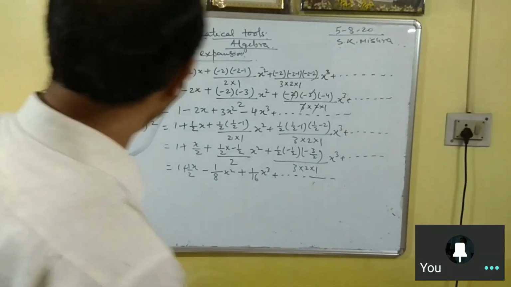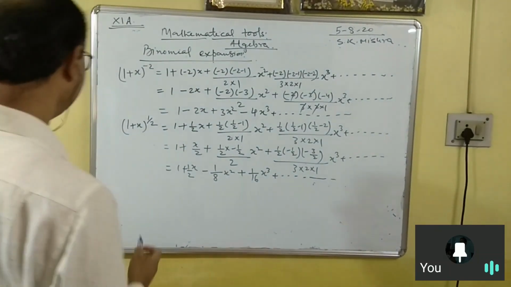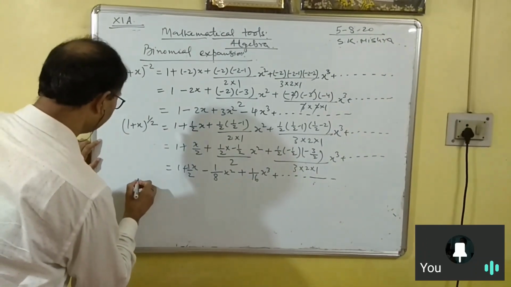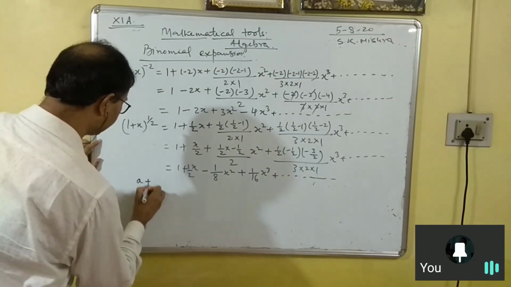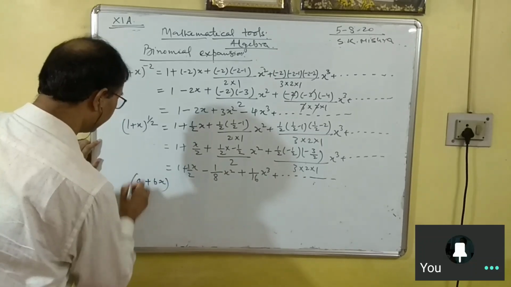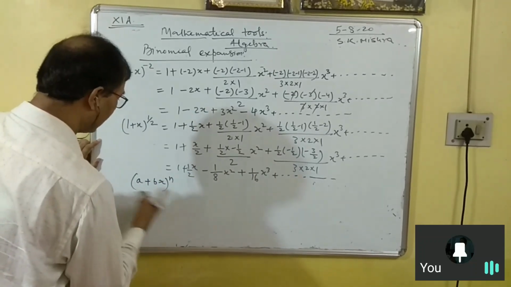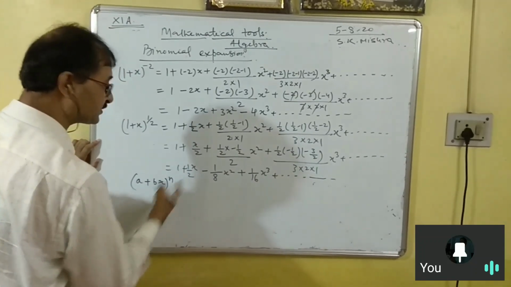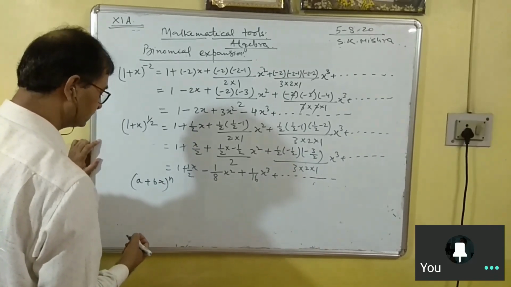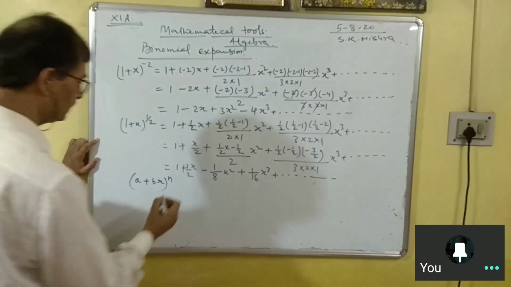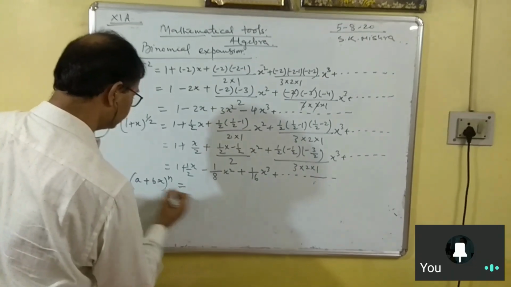So sometimes you may have like a plus bx raised to n. Then how will you write it into 1 plus x raised to n? Then take a common.